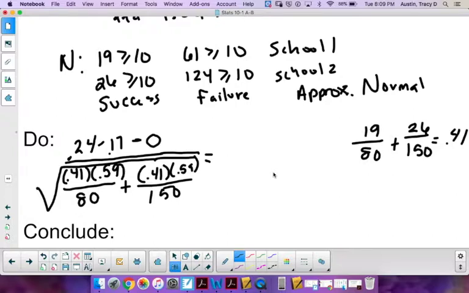I'm getting 0.068 for my standard deviation, which is nice. And then 0.24 minus 0.17 would be 0.07, 0.07 divided by 0.068. All right, so whatever that is, that's going to be my z-score that I have to then go look up. It's going to be pretty close to 1. All right, so I'm getting 1.03 because of the rounding. So we have to go look up that z-score.